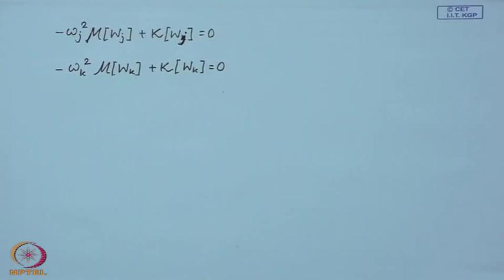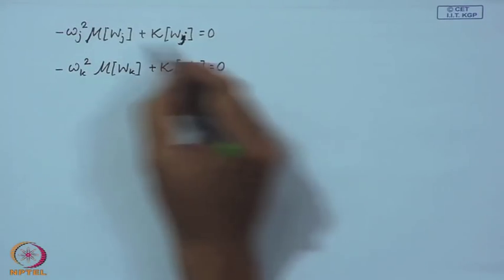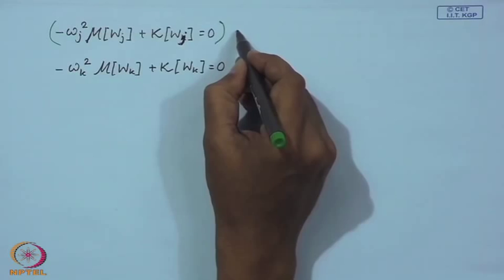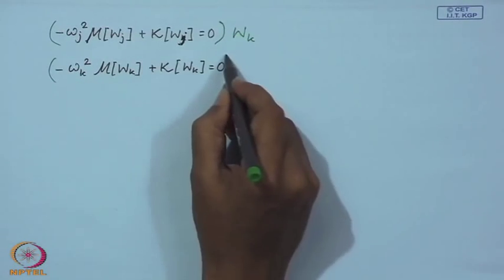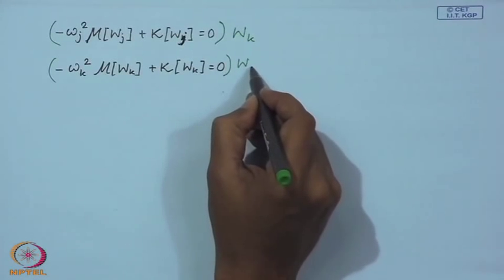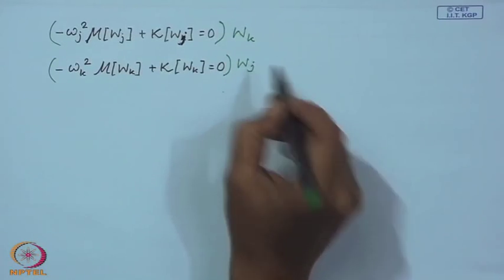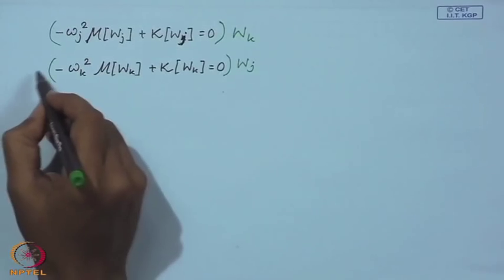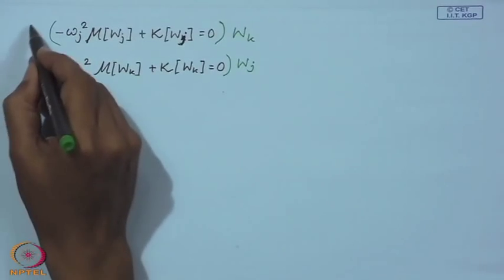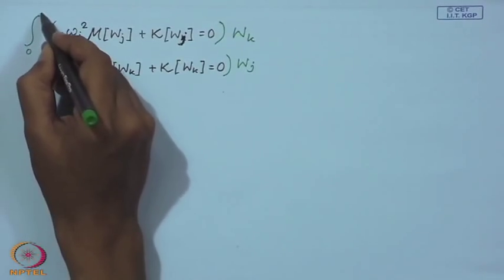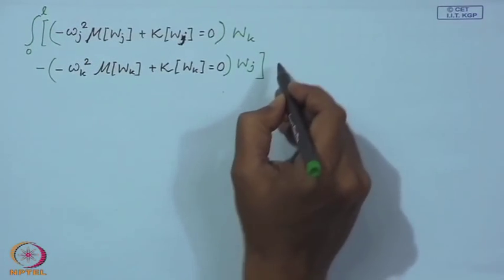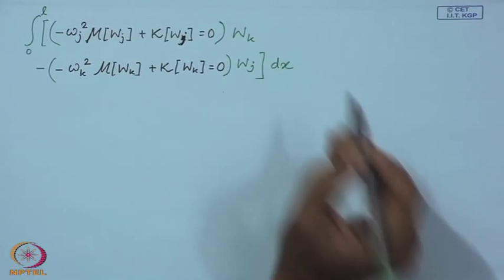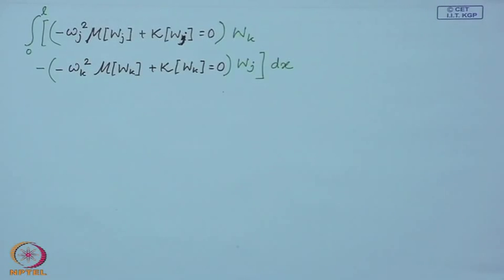Now, what we do? We multiply the first equation by w k, the second equation by w j, and subtract one from the other and integrate over the domain of the problem.